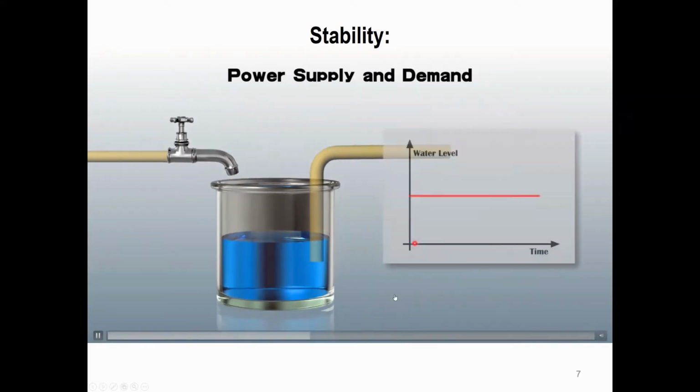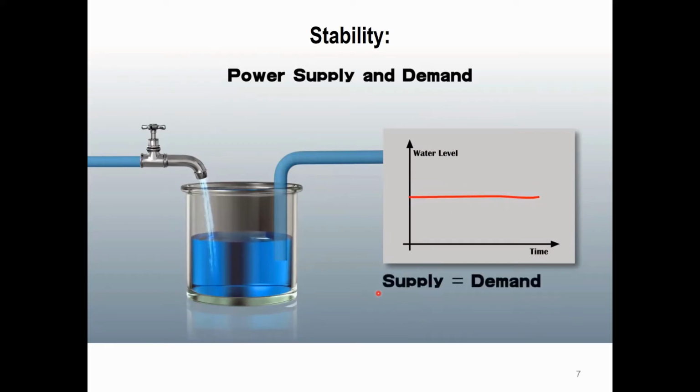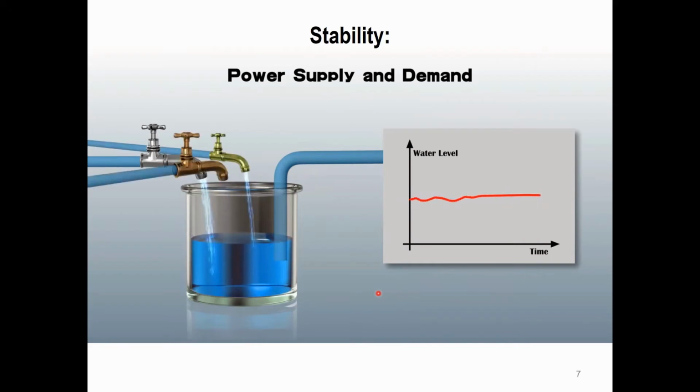Otherwise, the water level will fluctuate. Similarly, for electrical system, the electrical generation and the electrical demand must be balanced in real time. Otherwise, the voltage and the frequency of the power system will fluctuate as well and become unstable.